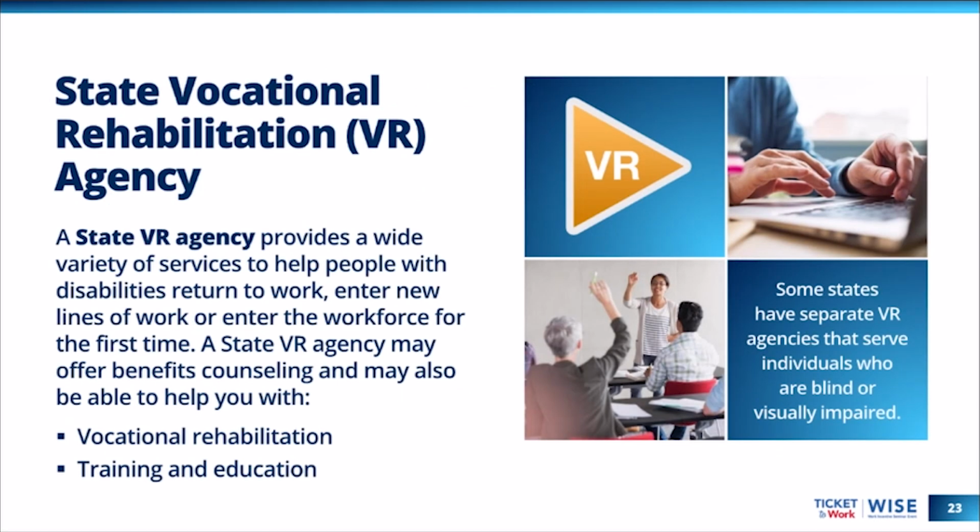So the state VR agency, which can also serve as an employment network, provides a wide variety of services to people with disabilities who want to work, enter new lines of work, or enter the workforce for the first time. So we're looking at things from every angle here. The state VR agency may also offer benefits counseling and may also be able to help you with vocational rehabilitation, training, and education.